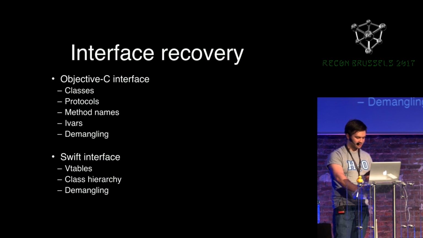All information on Swift classes is lost during compilation, so we are unable to recover it. We also implemented our own demangler for Swift symbol names to make translation results more human-readable.